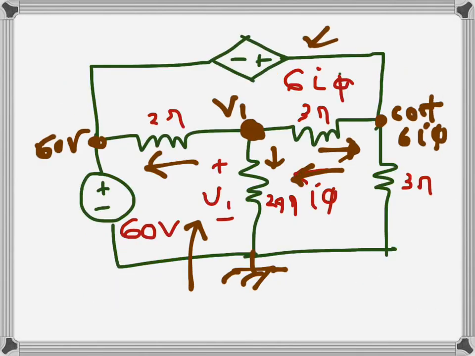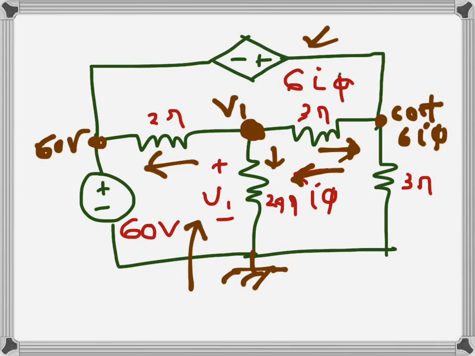Now we can see that there is a super node here, but instead of going there, we can write actually just the equation of I5. So I5 is the current going in that direction, in this branch.